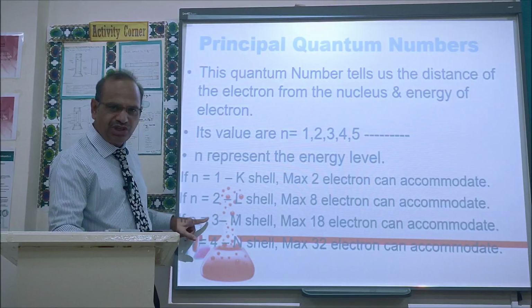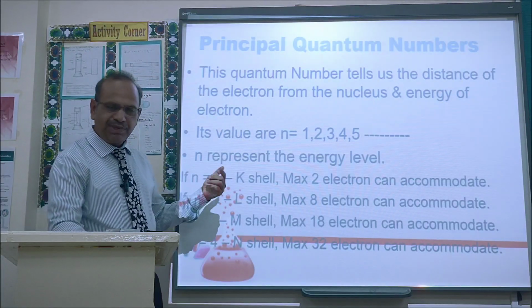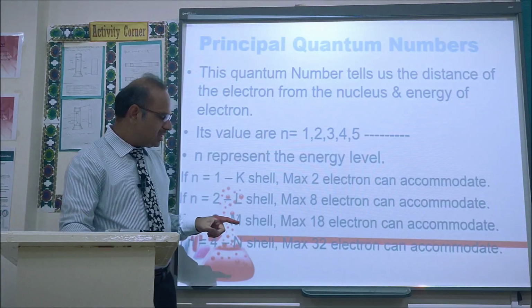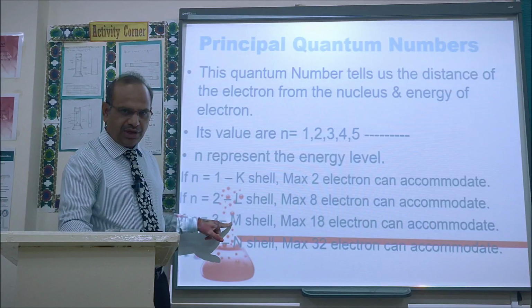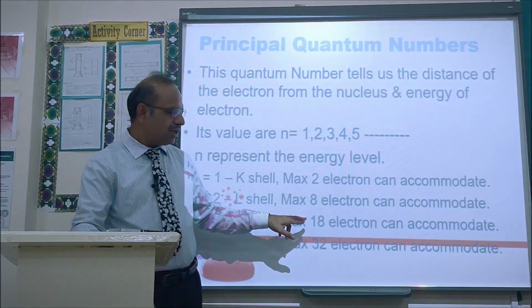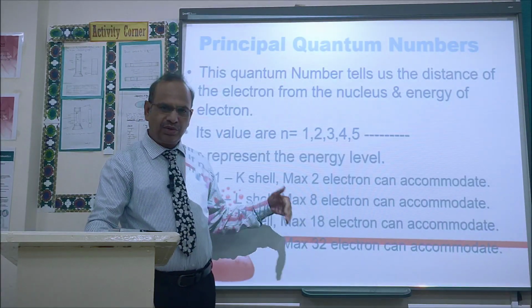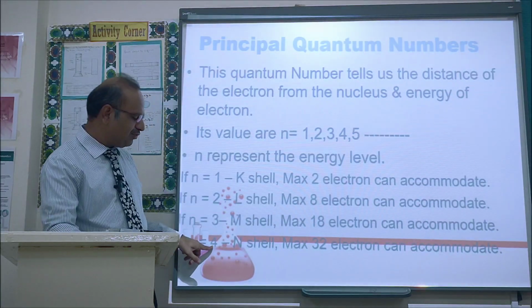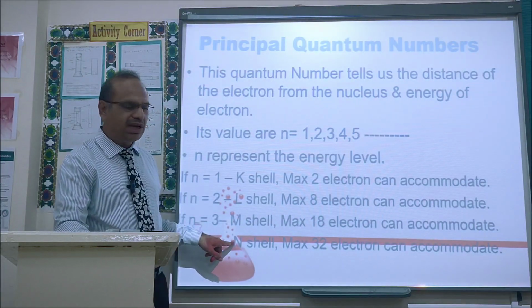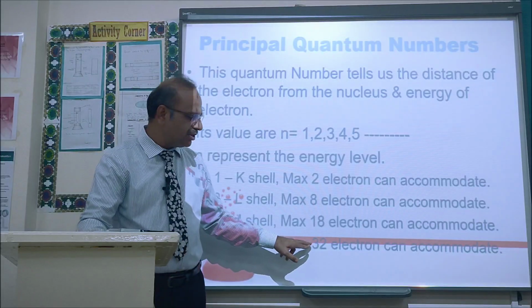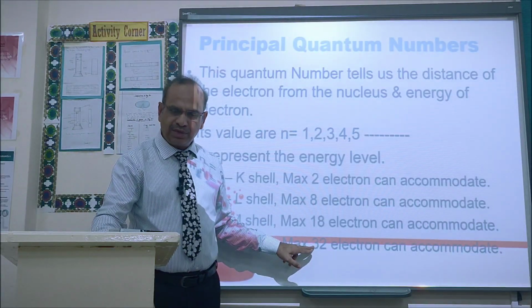If its value is 3, it represents the third energy level, the M shell, which can accommodate a maximum of 18 electrons. And if the value is 4, it represents the N shell, which can accommodate a maximum of 32 electrons.